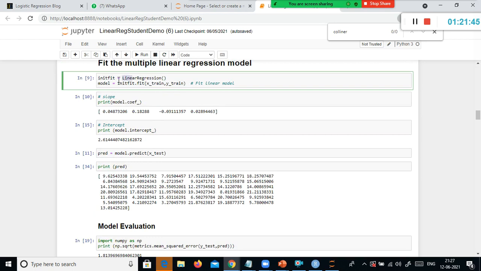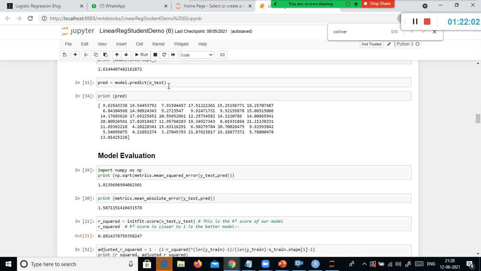Once you create an instance, this is your instance name now. You need to use the fit method. Within the parentheses, you specify all your independent variables and the dependent variable of your training data set. Now your model is ready, and you apply model.predict on the test data set to get the predicted values.